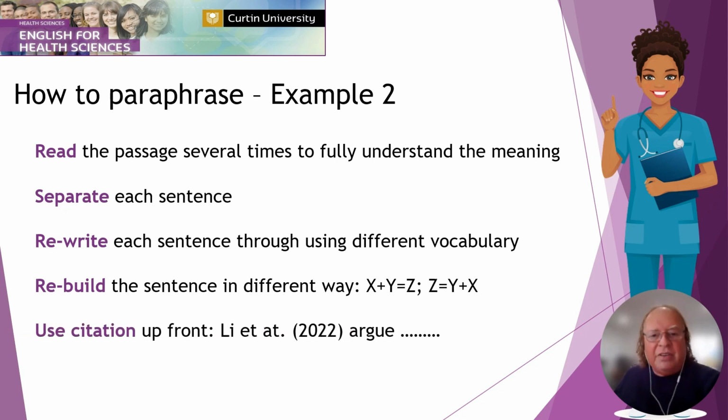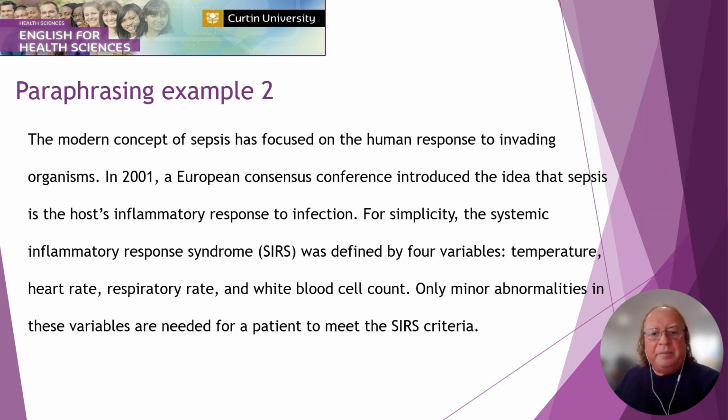And as I said, often it's a good idea to put the citation up front. Immediately it's different. It's quite different from the original. Okay, so as you can see, we have a more extensive text. I'll quickly read through.